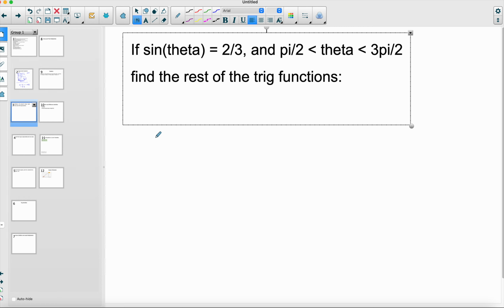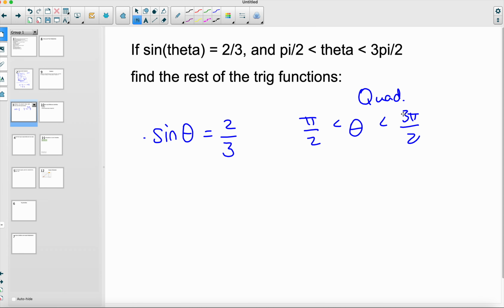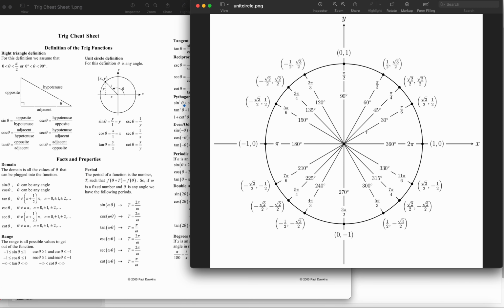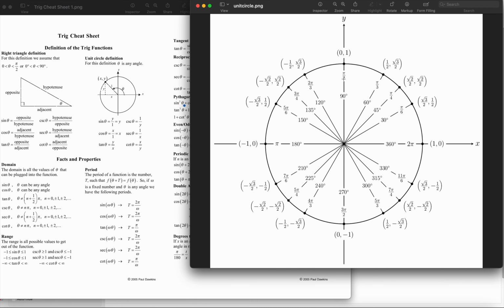I wanted to do one of these, so I'm going to rewrite this so it's a little cleaner. If sine of theta is equal to 2/3, and theta is an angle between pi/2 and pi, which means that it's within quadrant 2.